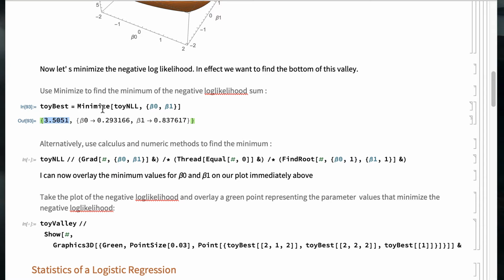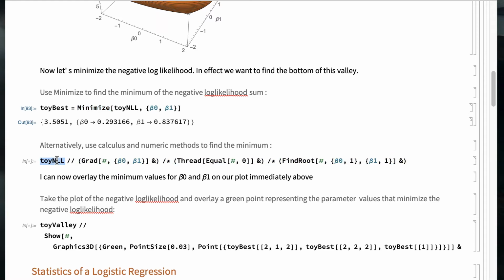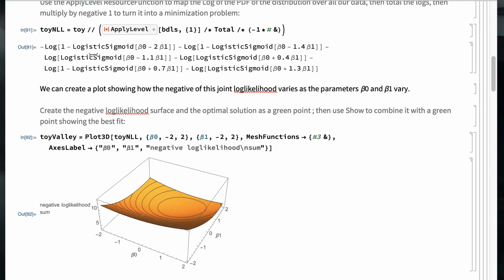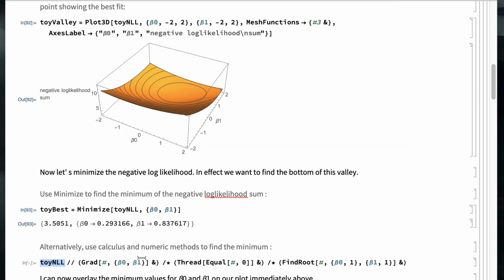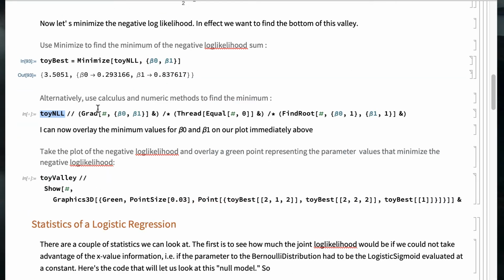So if we didn't have Minimize, we might want to use calculus. We've done this before, so look at the prior videos if this seems really strange. But we're going to take our toy NLL, that's that expression up here with all the beta 0s and beta 1s scattered throughout. We'll take the gradient of that expression with respect to beta 0 and beta 1.